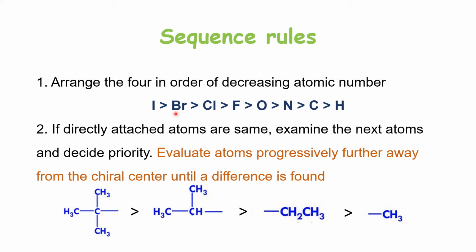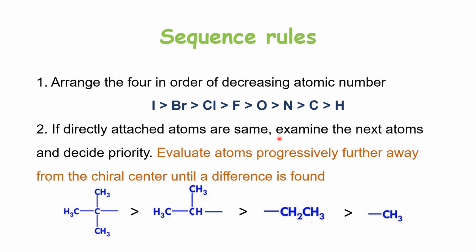For example, if you have four groups like iodine, fluorine, nitrogen containing like amine, and hydrogen, you will give first number to iodine, second number to fluorine, third number to nitrogen, fourth number to hydrogen. If the four groups are completely different from each other, then the sequence rule will end here. But if they are same, then you need to go for the second rule.